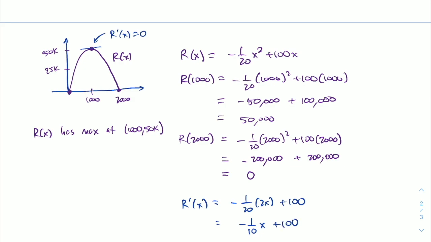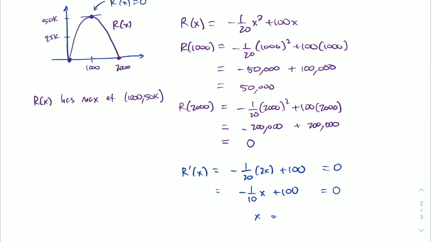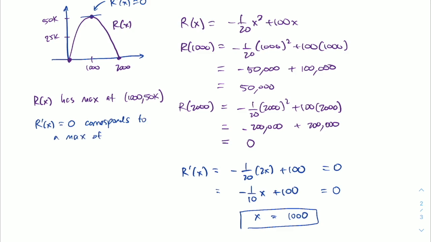And we set this equal to 0. And we'll get x equals 100 times 10, which is 1,000. So where the derivative is 0, this corresponds to a max of the revenue function. And we'll use that fact more in the future.